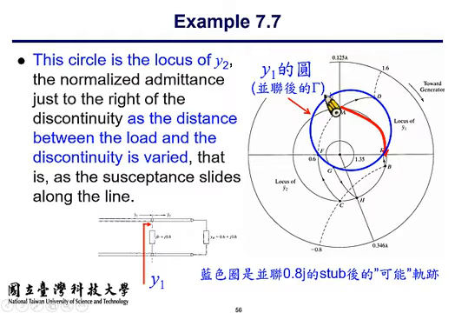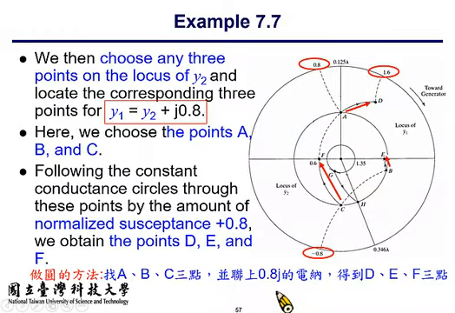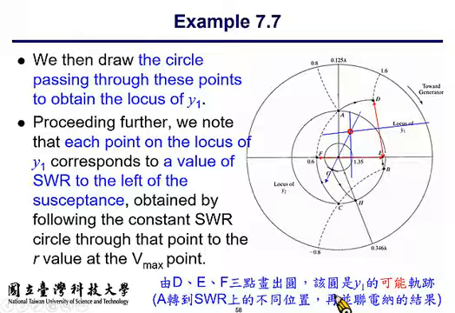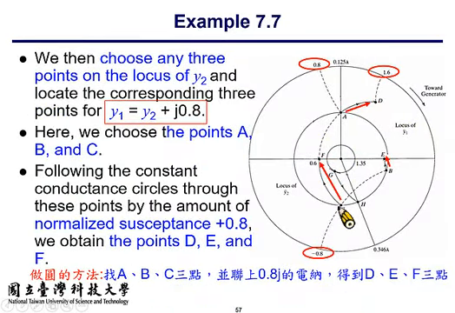And the 3 points, the blue circle can be drawn by these techniques, all right? Okay, so we have C moves to F, B moves to E, and A moves to D, okay? By adding 0.8 of susceptance to their original admittance, okay?